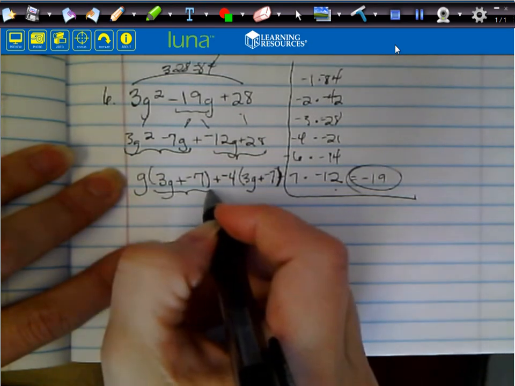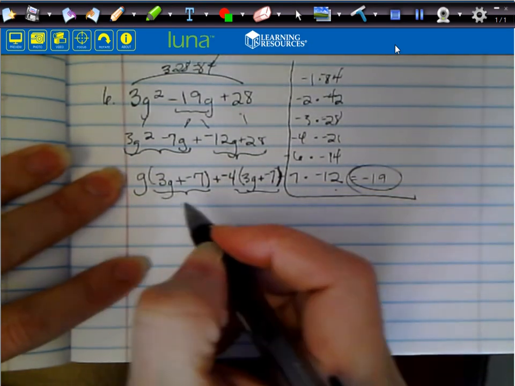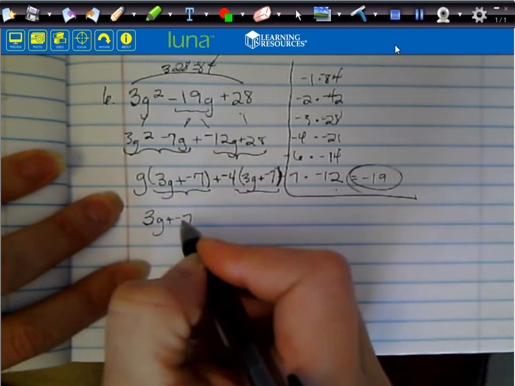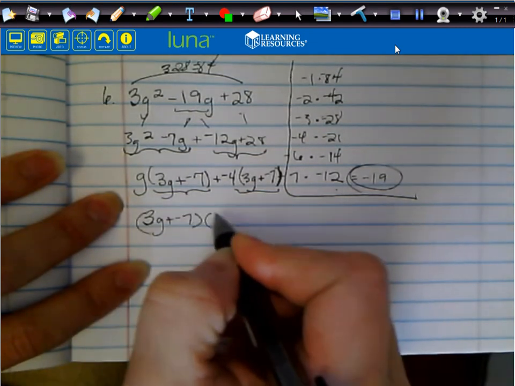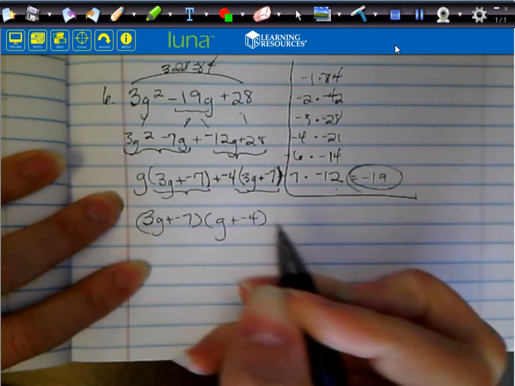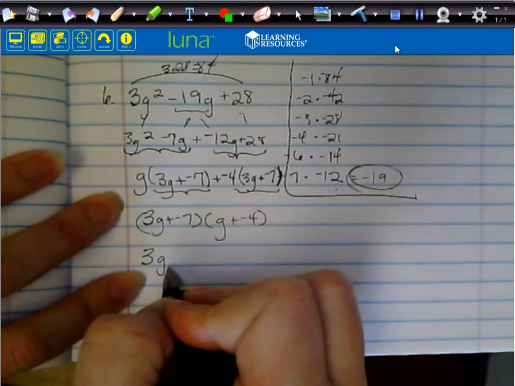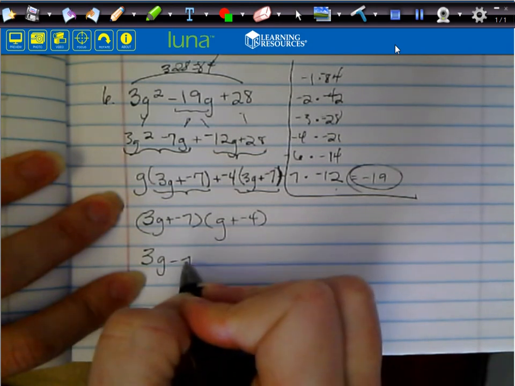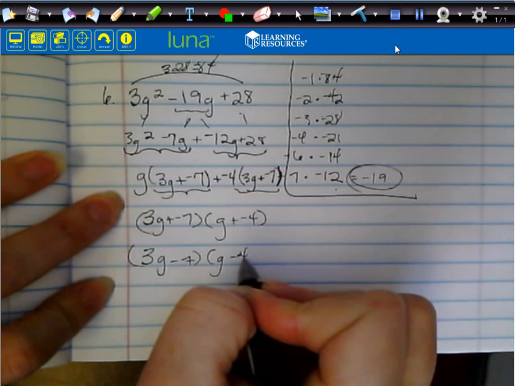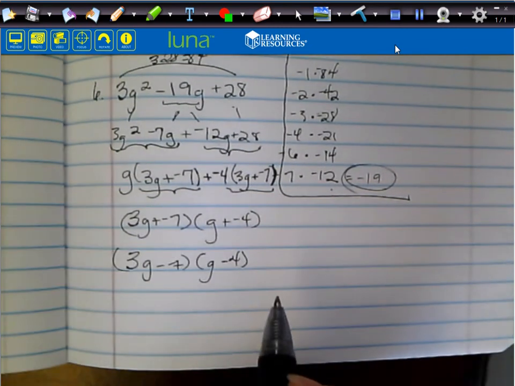I have 3g plus negative 7 and 3g plus negative 7. So that will go in my first set of parentheses, 3g plus negative 7. And then in my second set of parentheses, I have g minus 4, so g plus negative 4. And then I can rewrite that to be 3g minus 7 and g minus 4. So that should be your final answer.